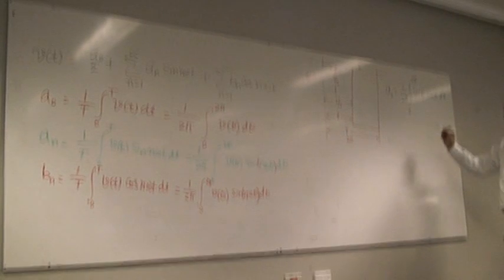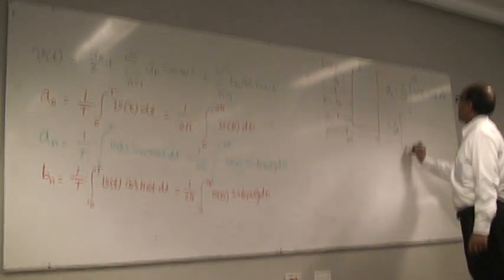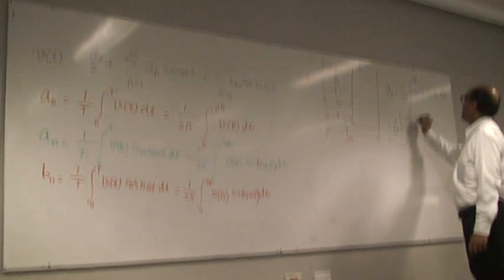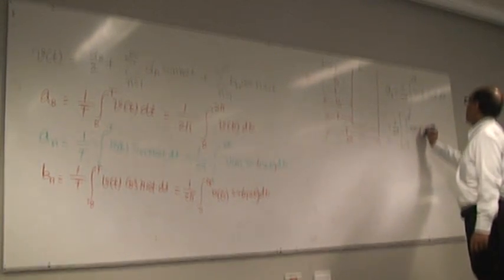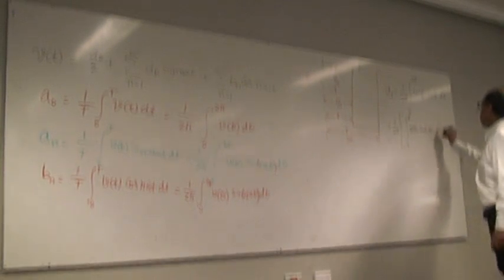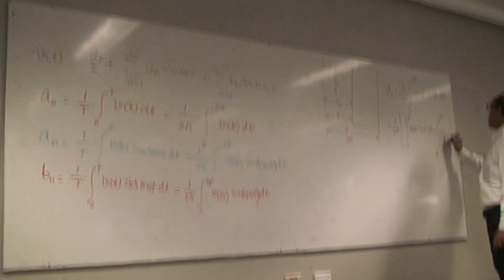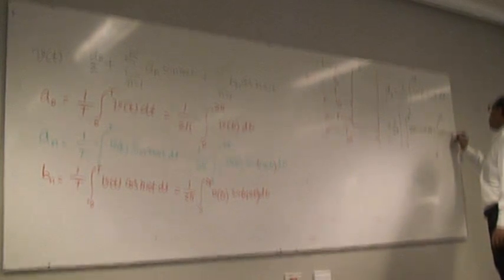So this one I have to split into two parts, isn't it? 0 to pi, v(theta) sin theta d theta, plus pi to 2 pi. Everybody agree with me why I need to do that?